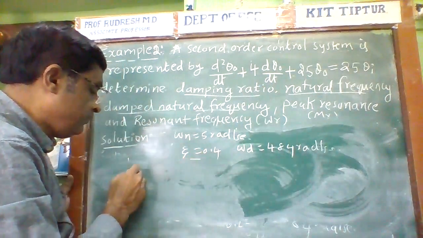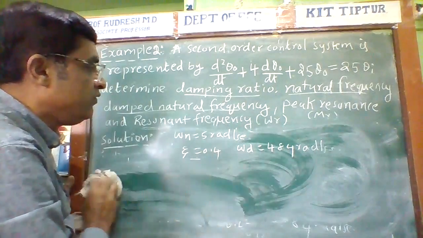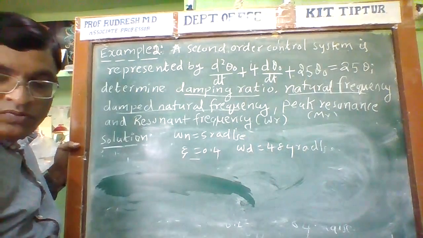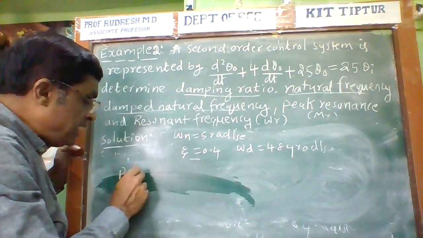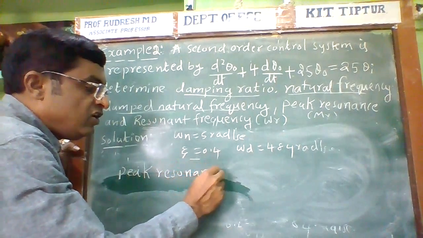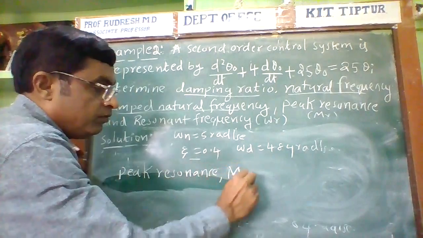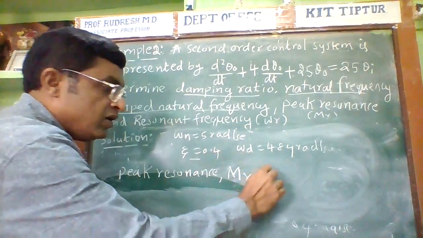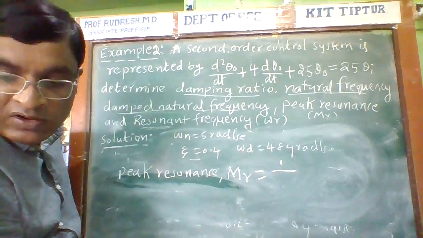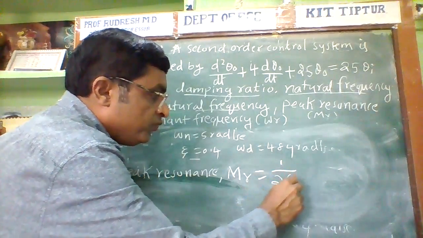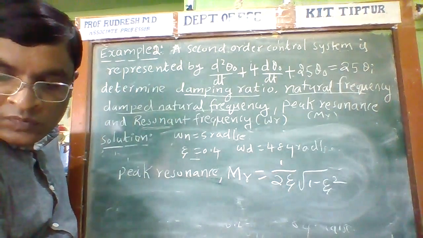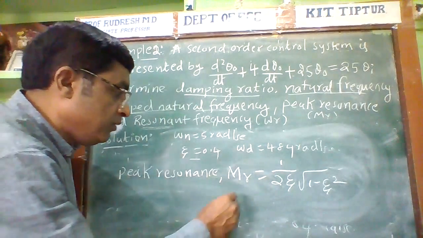Now we need to calculate the peak resonance, which is denoted by Mr, while the maximum peak overshoot is Mp. Here Mr is equal to 1 divided by 2 zeta into square root of 1 minus zeta square. This is the formula we should remember; these formulas are very important. This is the peak resonance of the system.